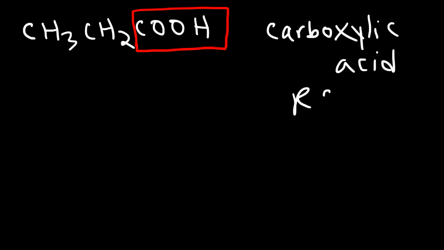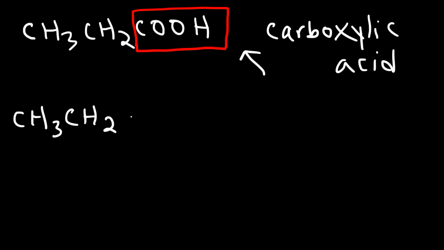So if you see RCOOH, sometimes you'll see it as RCO2H, and it's the same thing. It's a carboxylic acid. So let's go ahead and draw the Lewis structure, at least just the right side. The left side, I'm going to leave it as CH3, CH2 because you know how to draw it already.